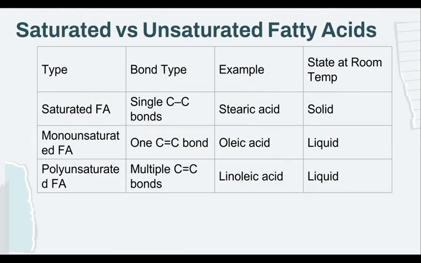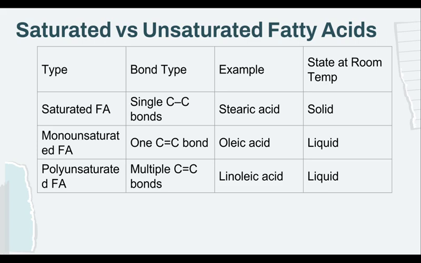Saturated and unsaturated fatty acids. In saturated fatty acids, there are single carbon-to-carbon bonds, and they are solid at room temperature. Unsaturated fatty acids can be differentiated into monounsaturated and polyunsaturated.